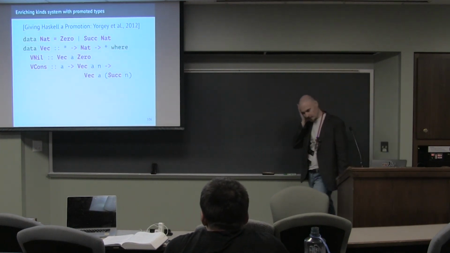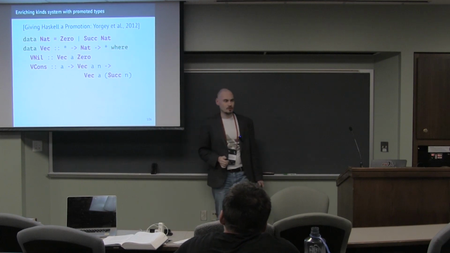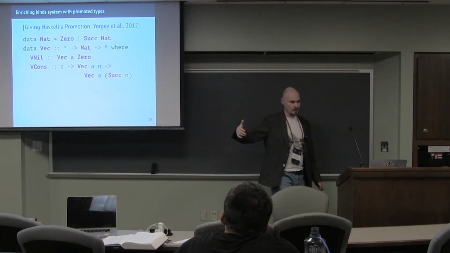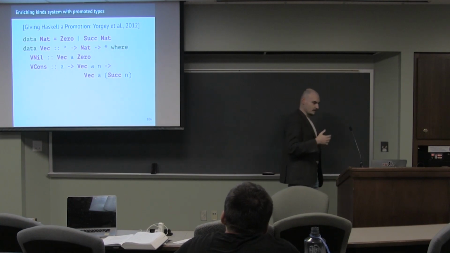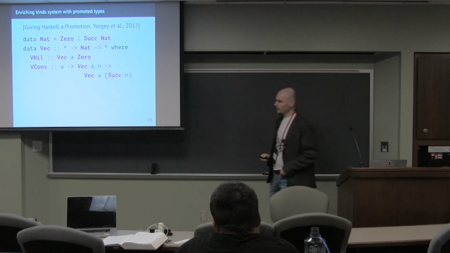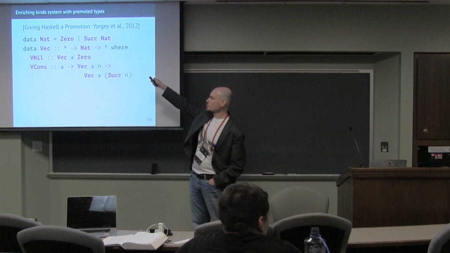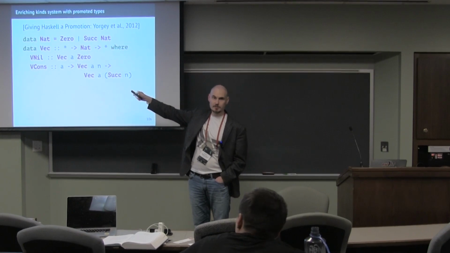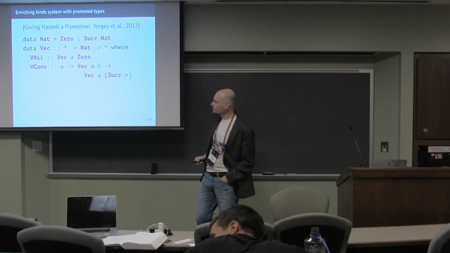And it was described in the paper Giving Haskell a Promotion. So this promotion, and that's why it's called System FC Pro. So the idea is as follows. We can define such a data type. It's the usual algebraic data type for natural numbers, 0 and successor of a number.